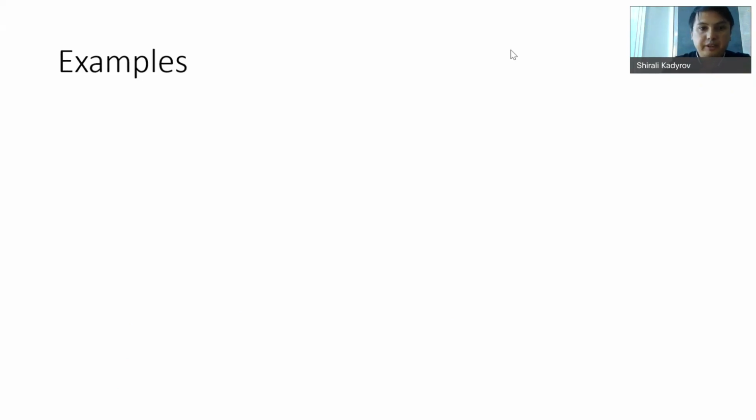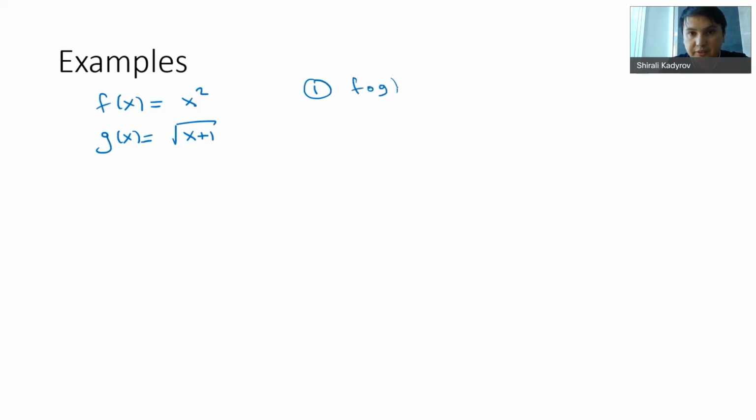So let's do an example. Let's take my f of x to be, I don't know, let's say x squared. My g of x, let's take it to be square root of x plus 1. Okay? So first, let's try to compute f of g of x.